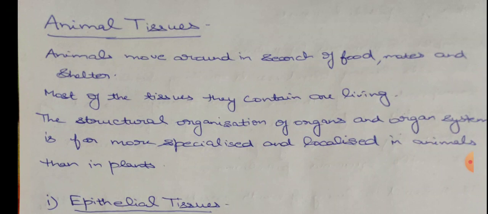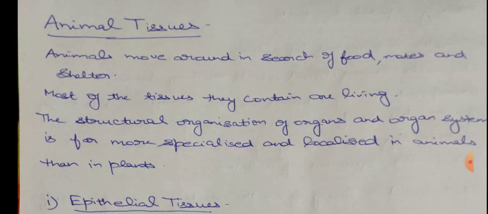The structural organization of organs and organ systems is far more specialized and localized in animals than in plants. What is it trying to say? Far more specialized and localized means the function of a particular tissue is far more specific, and it has nothing to do with what the other tissue or other cell is doing.